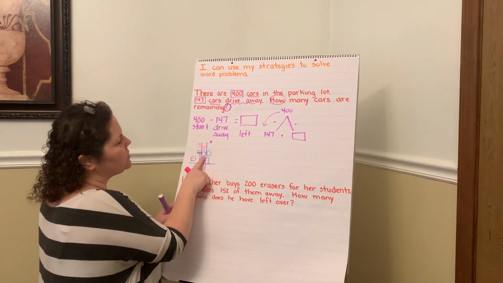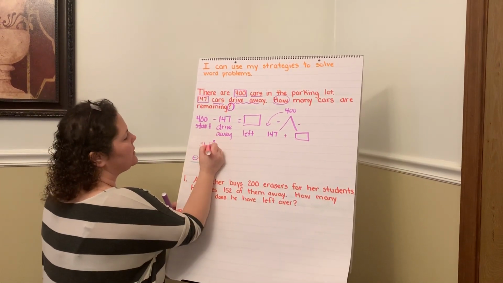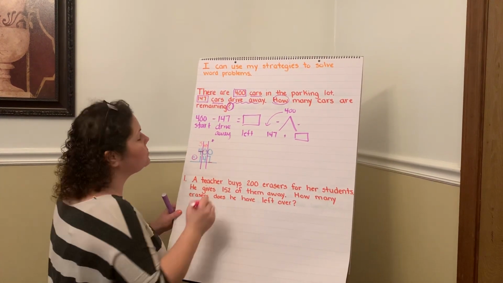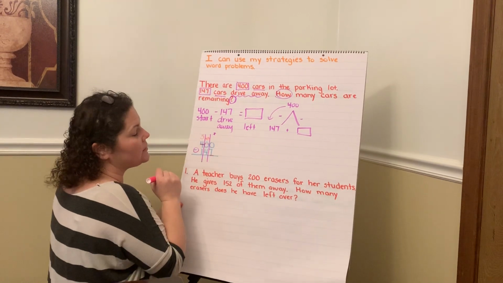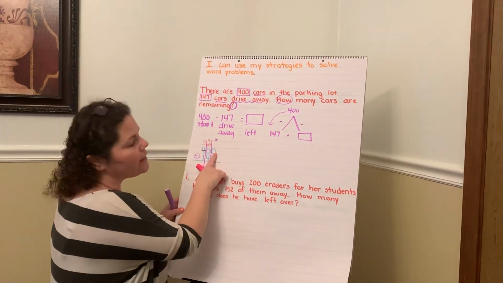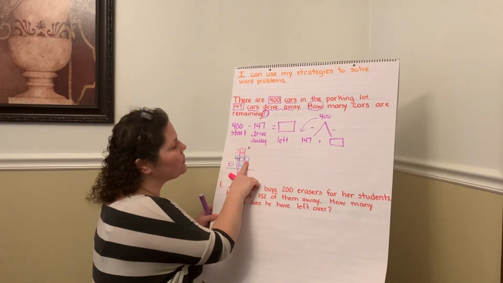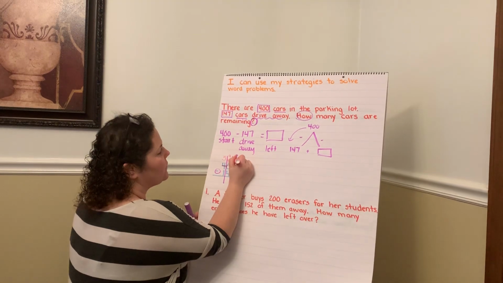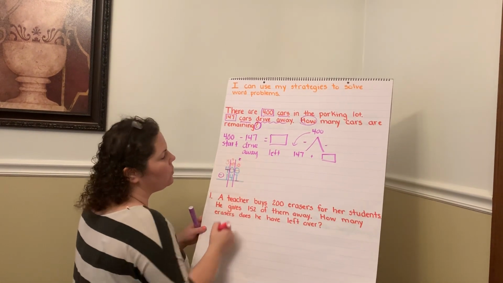So this is where Mr. Tens is now going to take one of those tens and turn it into a 10 stick that he's going to give to Miss Ones. So now he only has 9 left. And now over here in our ones column, Miss Ones is going to take that 10 stick and ungroup it and trade it in for 10 ones.